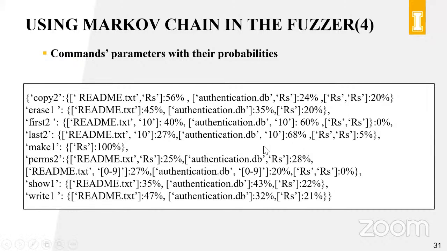Like what we have here for copy: 56% that this parameter comes after the command copy, 24% for this parameter, and 20% for this line. So this is what we have in the end.